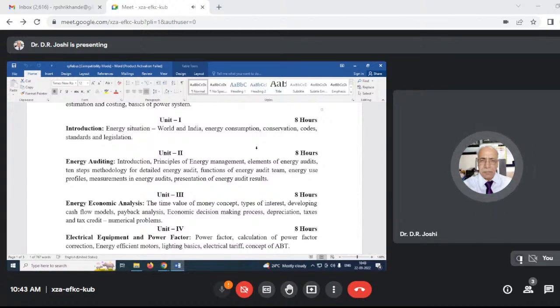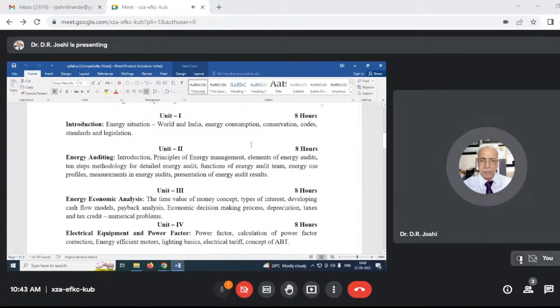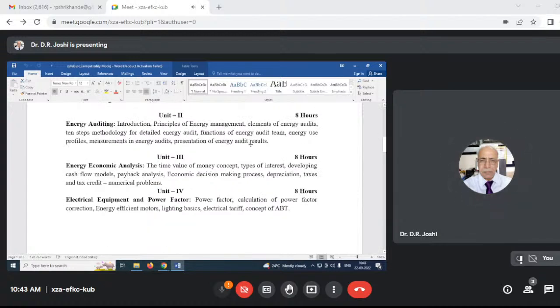And in Unit 2, we're going to study the principles of energy management, elements of energy audit, the 10 steps methodology for detailed energy audit, functions of energy audit team, energy usage profile, measurements in energy audits, and presentation of energy audit results.